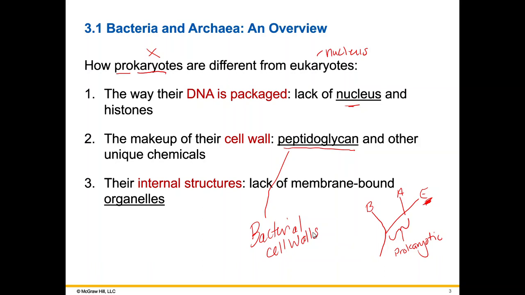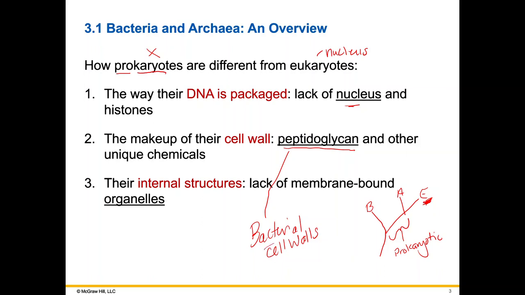Other types of cells can have cell walls, even in the domain Eukarya, but not all of them. So for example, animal cells. Animals are in domain Eukarya. Our cells don't have cell walls. Some other organisms, though, like fungi, are eukaryotic organisms and they do have cell walls.